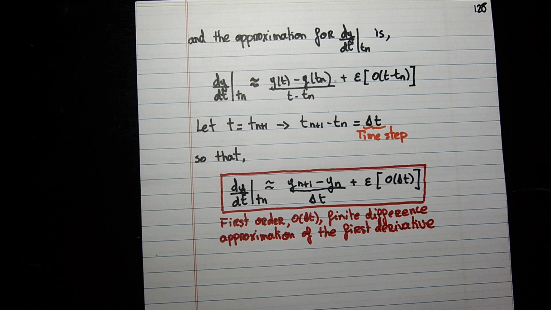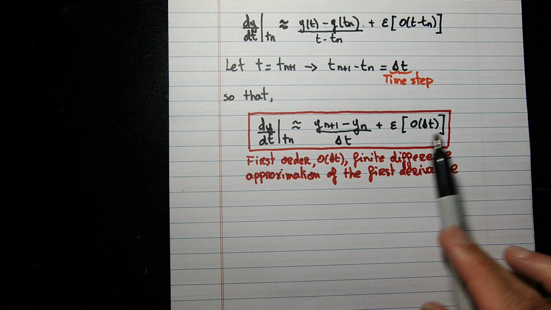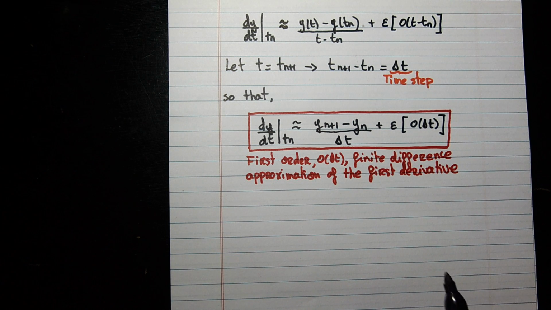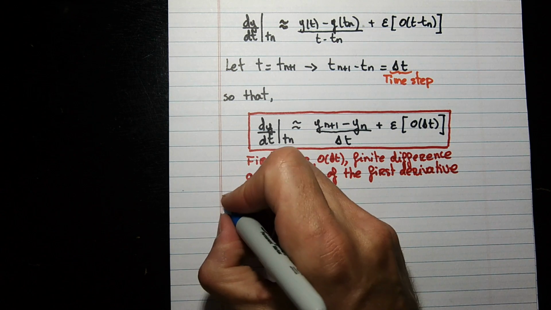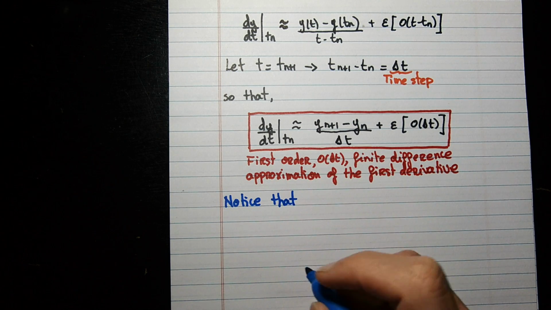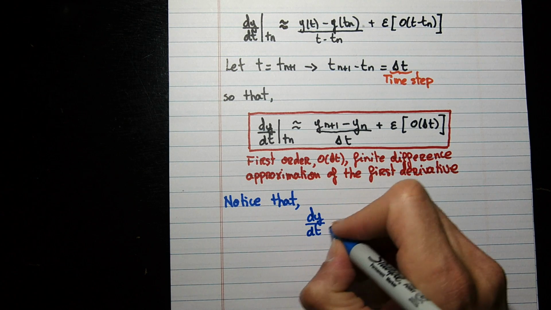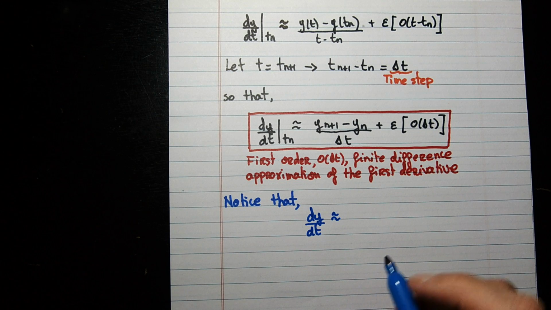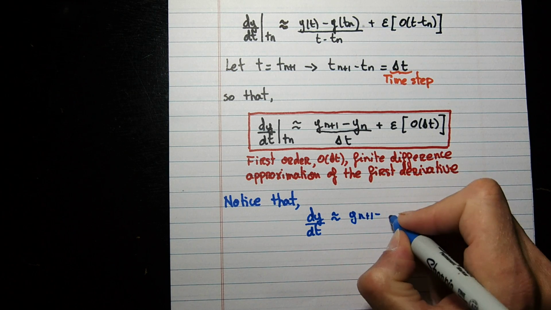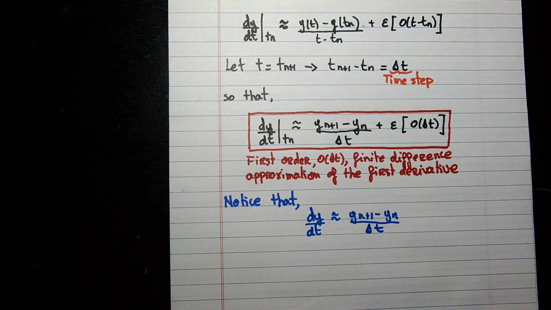Okay, so over here I just want you to notice something: this is a mathematical expression that comes from the Taylor expansion, which you might be familiar with. But here I want you to notice one thing. Notice that dy/dt at t_n equals (y_(n+1) minus y_n) divided by delta t. What is that really?